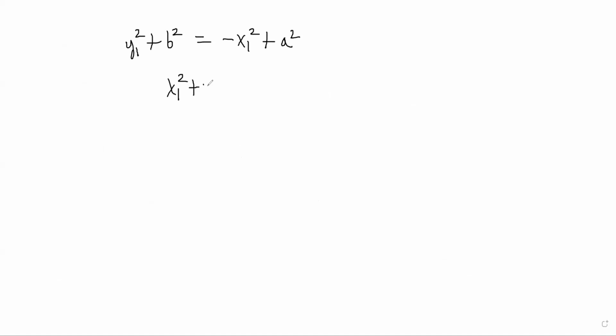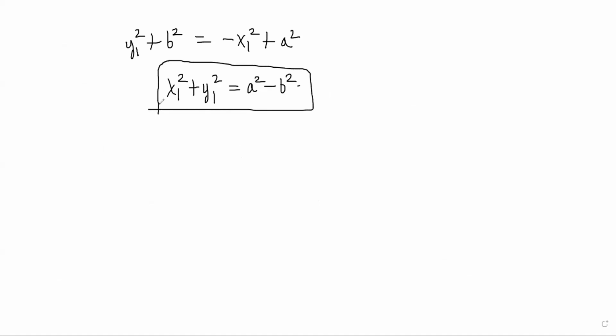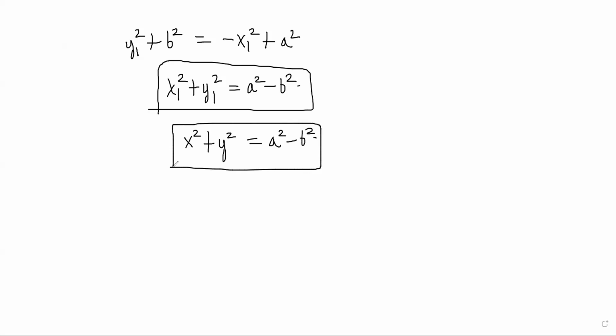This becomes x1 square plus y1 square is equal to a square minus b square. And since this is a relation connecting the coordinates of the point P x1 y1, the locus of P would be simply x square plus y square is equal to a square minus b square. And this becomes the equation of your director circle.